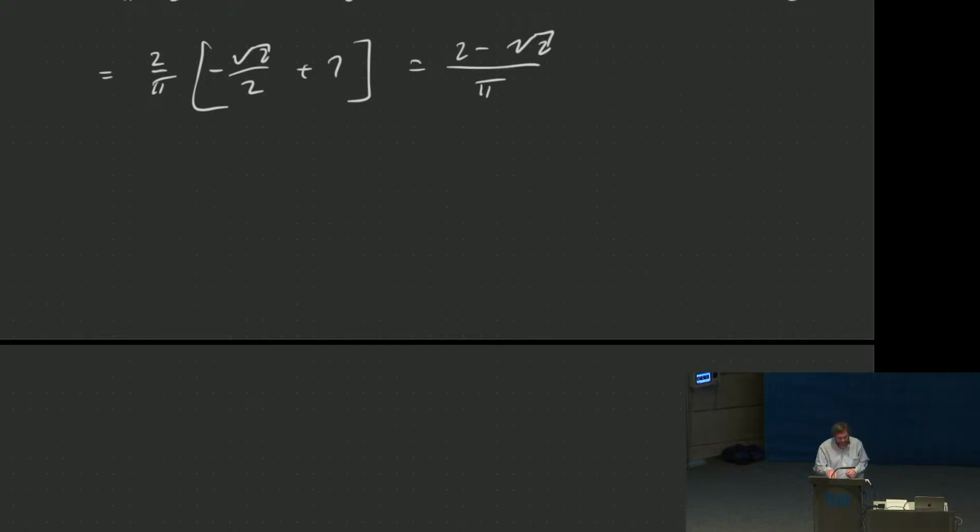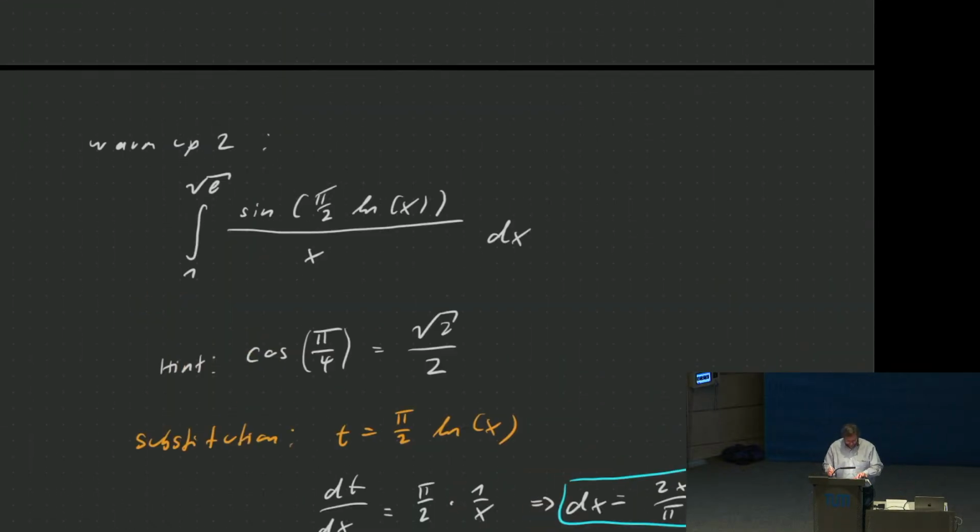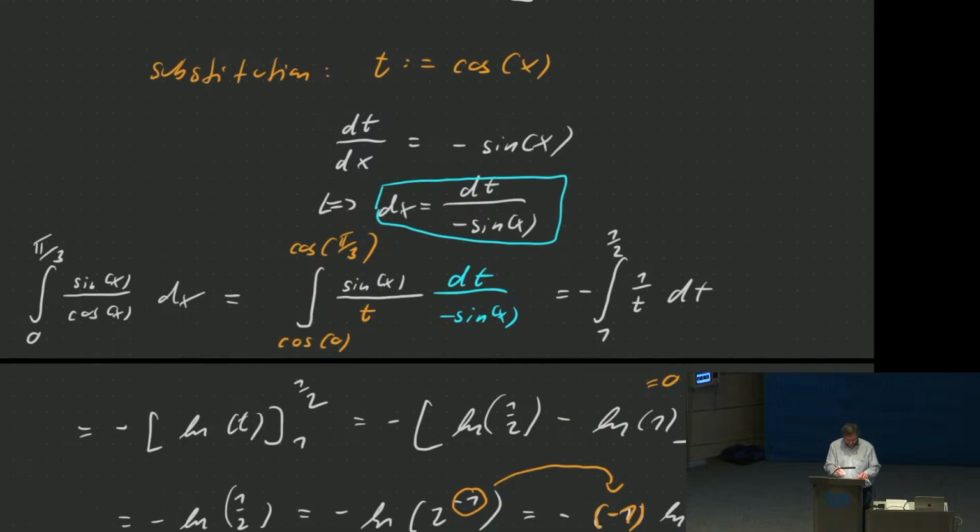Okay, quick question about this replacement here. So someone is asking why do I replace those by those bounds here? The answer is this new integral. So this old integral is in terms of x. That means the bounds are also in terms of x, right? I could add something like x from 0 to pi/3. The new integral after substitution is going to be in terms of t, right?